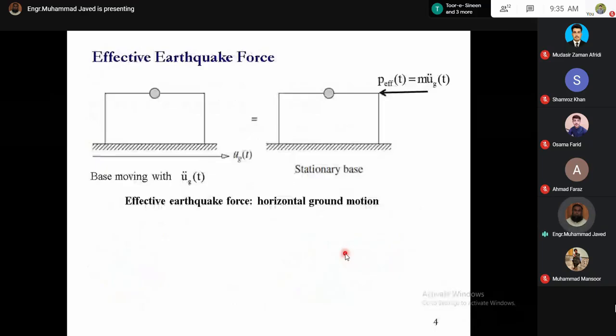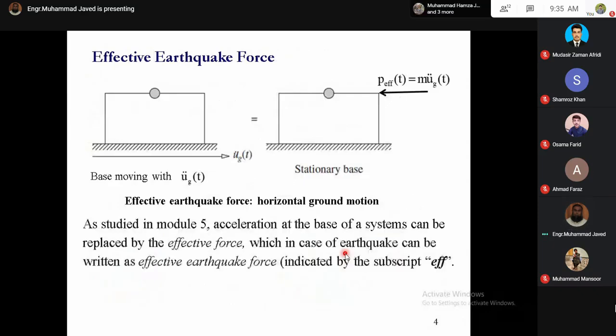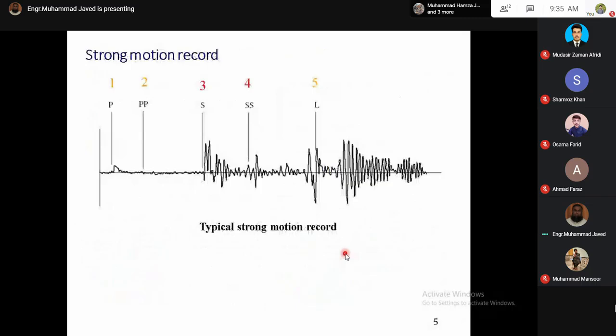So we have already discussed effective earthquake force. So coming to some basic seismology, the topic is strong motion record.